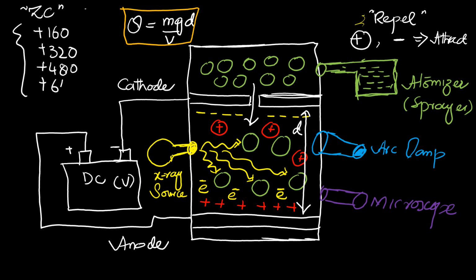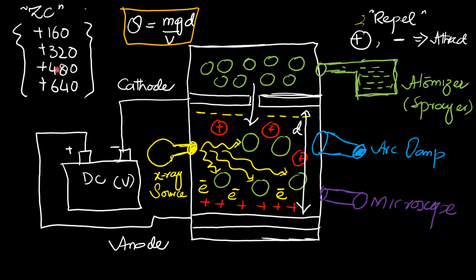and the next one has a value of 640. This means that if any ion loses one electron, its charge value was around plus 160. Whereas if the ion loses two electrons, its value changes in a multiple of 160, so it was 320.